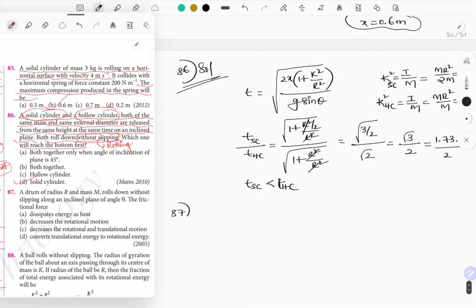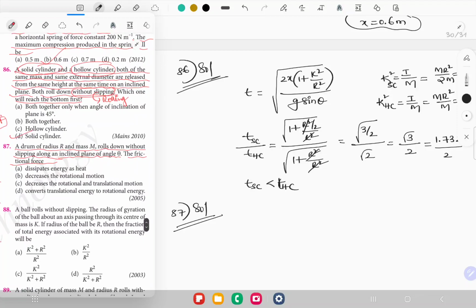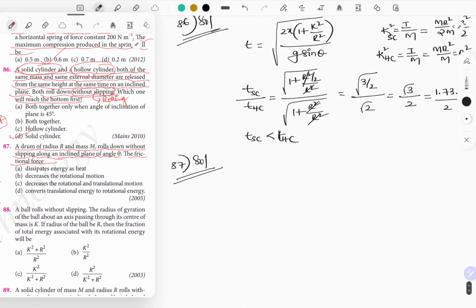Next, 87 solution. Question: A drum of radius R and mass m rolls down without slipping, the meaning of without slipping is rolling, along an inclined plane of angle theta. The frictional force, super. If you observe this object, for example, it is rolling on an inclined plane, right?